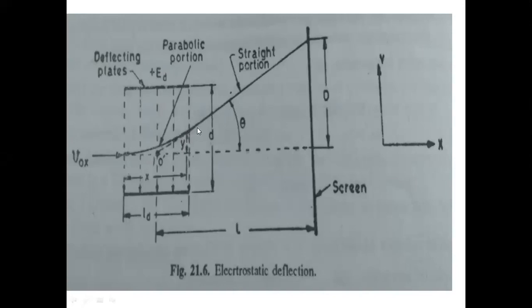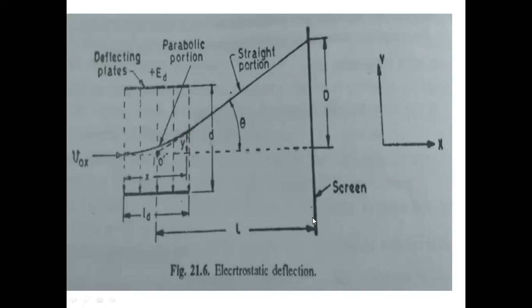Whenever these electrons move out of the deflecting plates, they have some velocity and move in a certain direction. Once the electrons come out of the deflection plates, in whichever direction they were deviated, in that direction only they travel to the screen of the CRT.